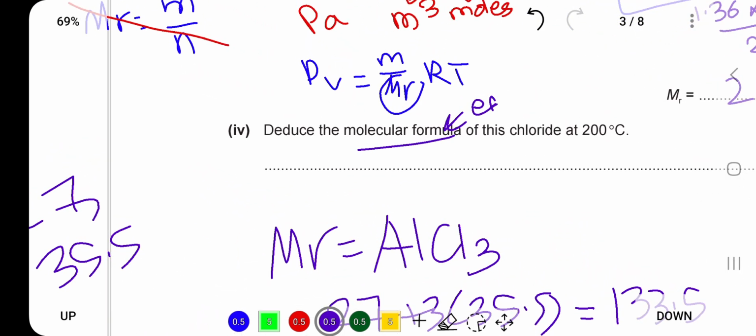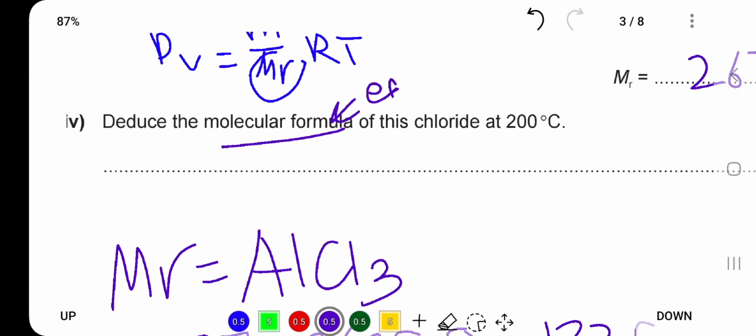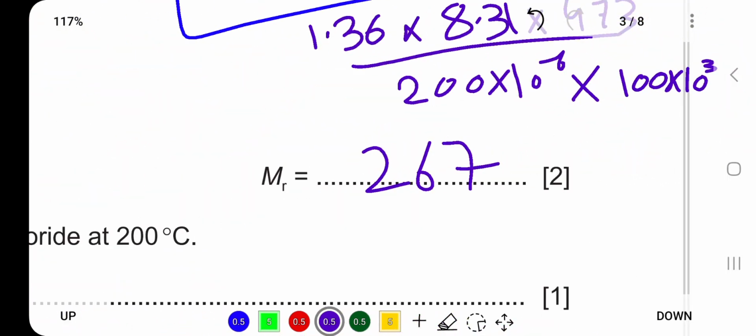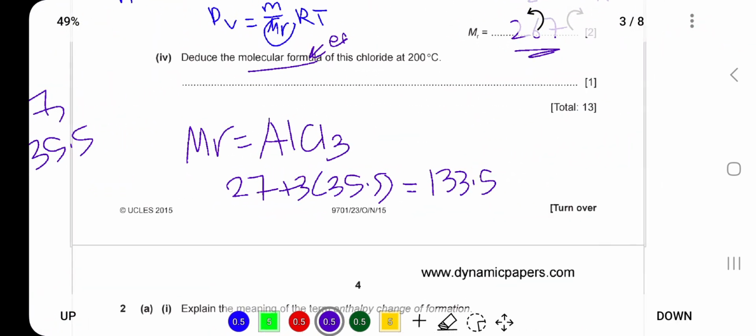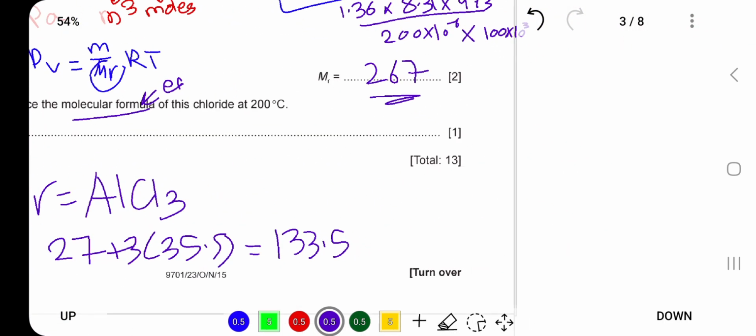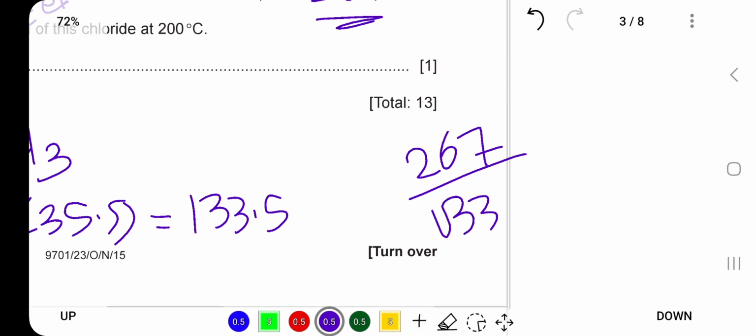Now you want the formula without any simplifying, which is the real formula. So you need to use what you found. You need the MR of whatever they gave you with the MR of the empirical formula. So it's very easy. 267 is what you calculated, divided by 133.5, which is 2.